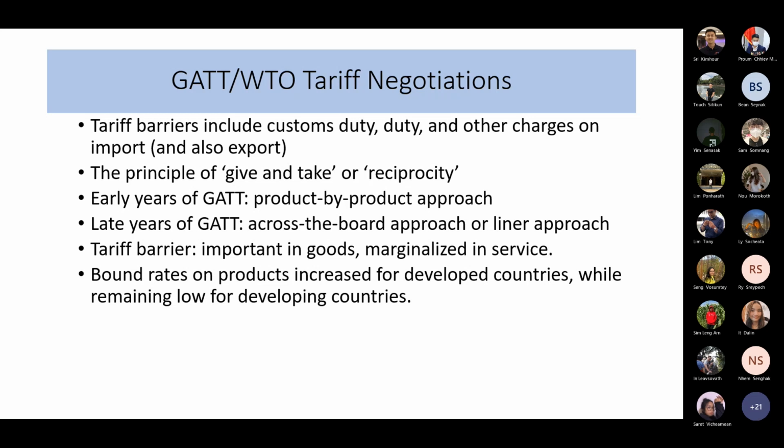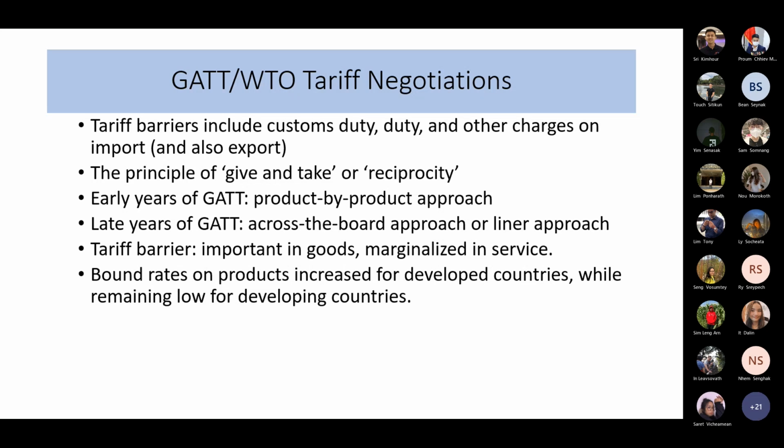To make it simple, something that is abstract, something that is intangible, that we cannot touch, we can only hear, we can only feel, but we cannot touch, it's very hard or very impossible to impose tariff. But for good, for example one car, one iPhone, a pair of shoes, one watch, or some other accessories, some other good that are imported or exported from one country to another, it will be very easy to quantify.